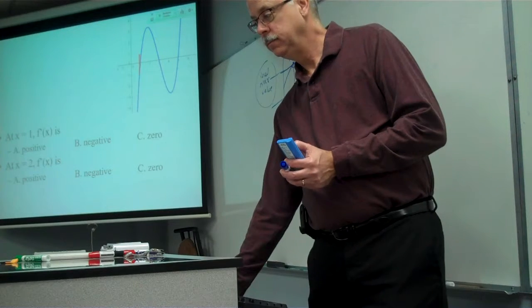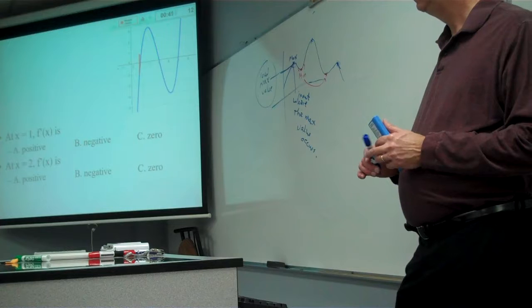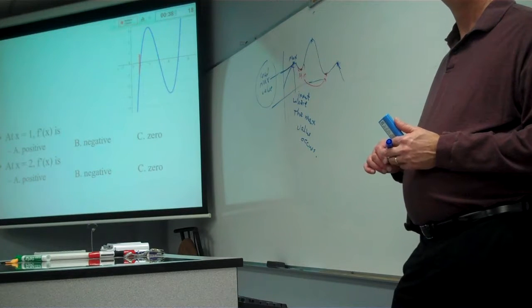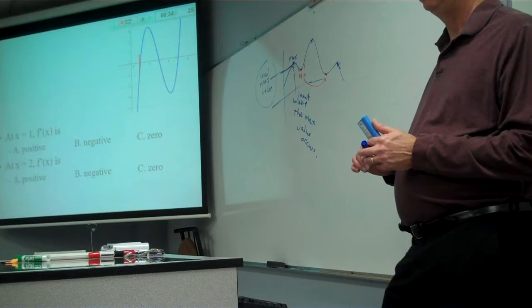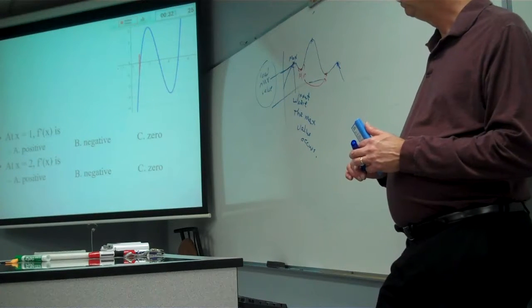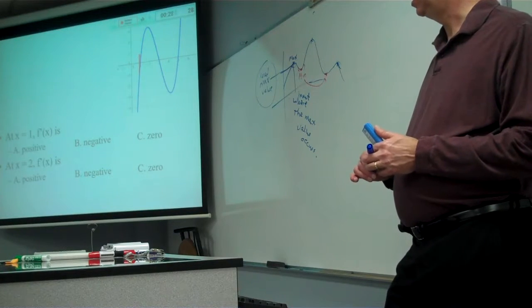What about at 2? What would you say the slope of the tangent line is? Or the derivative? And that's our main interpretation of the derivative. It's the slope of the tangent line.